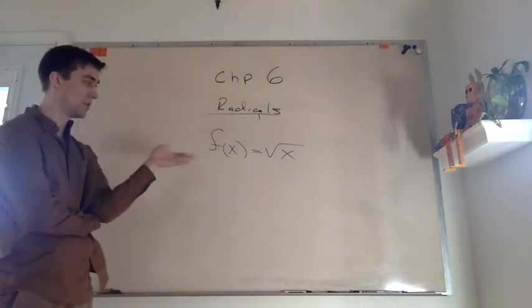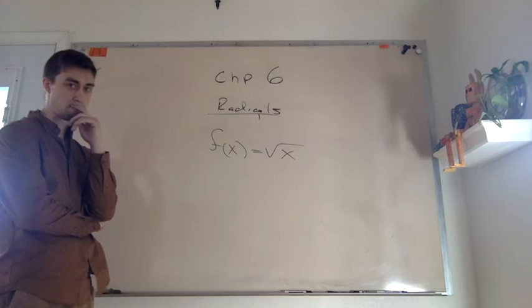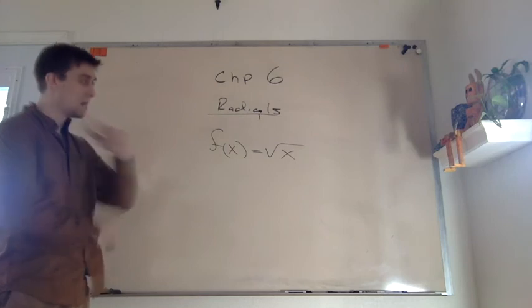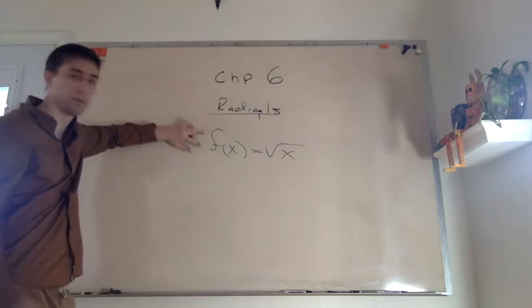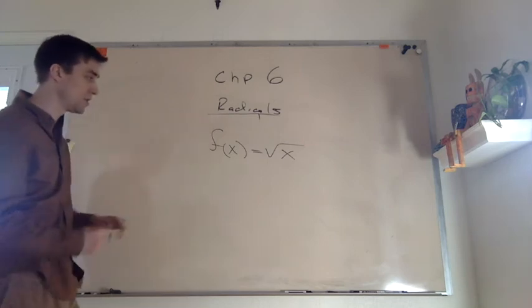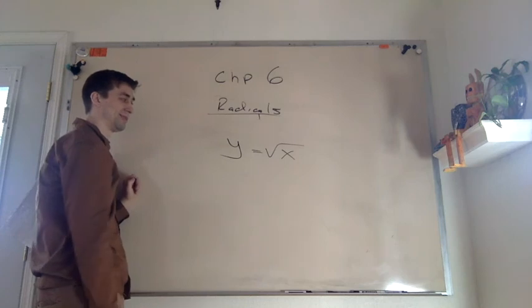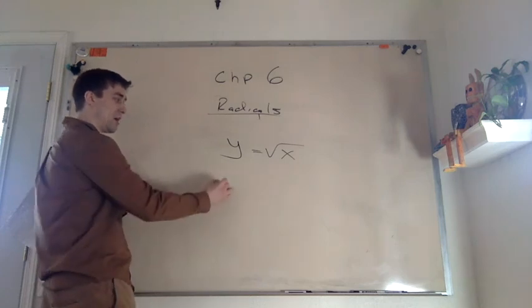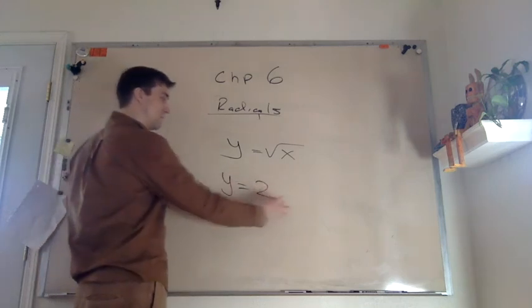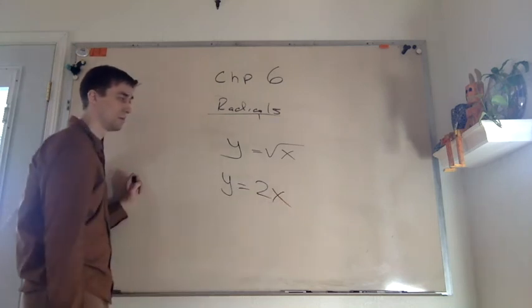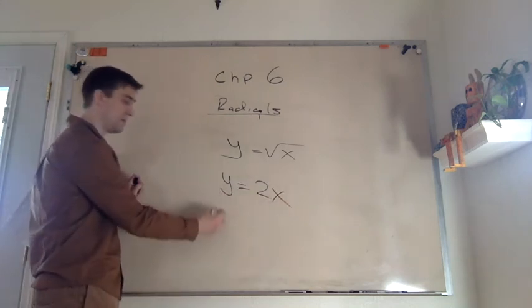Now we have a function. It's a square root function. So this is what's called a radical equation. It's a radical equation with two variables, right? Because f of x is y. Let me just draw a parallel here to a linear equation. That's a linear equation. Maybe here's another equation.